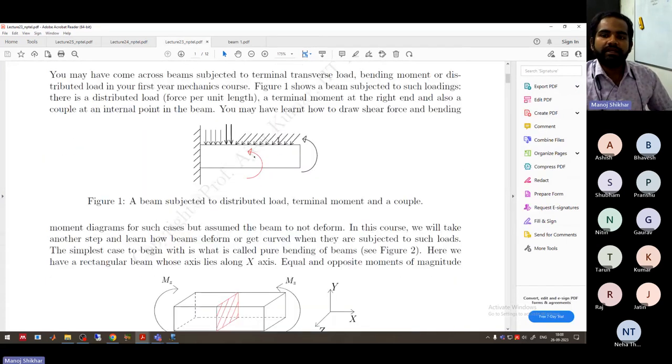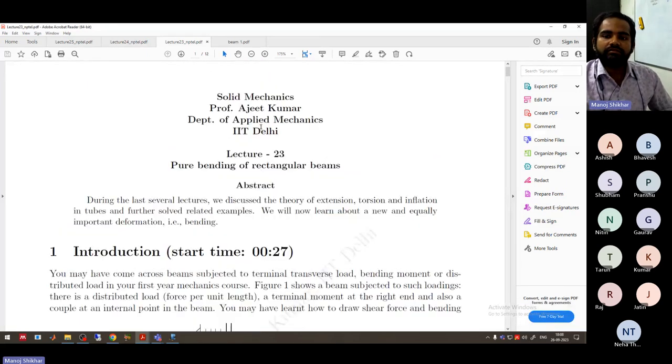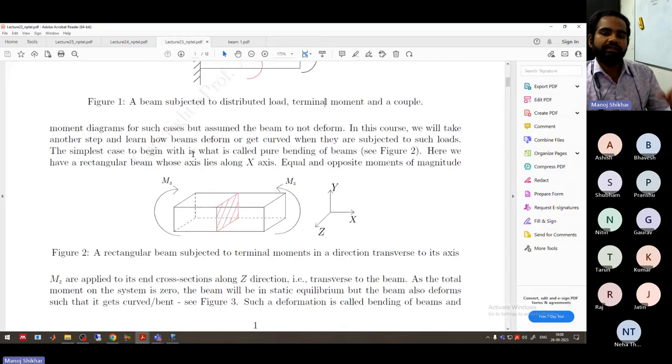In general, a beam can be subjected to transverse loading, axial loading, or moments at different places, or distributed forces. All these are different kinds of loadings to which a beam can be subjected. In this lecture, the case in which only the moments about the z-axis were applied was considered.